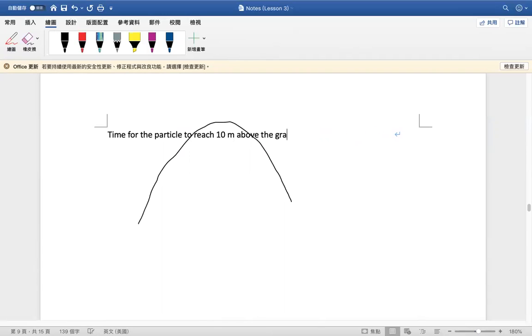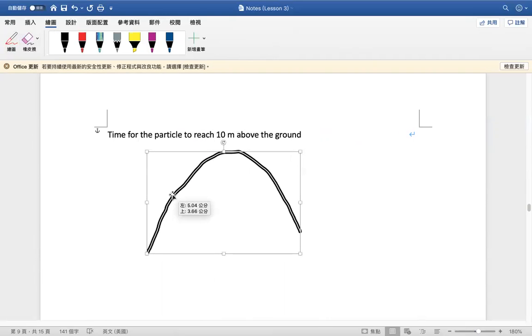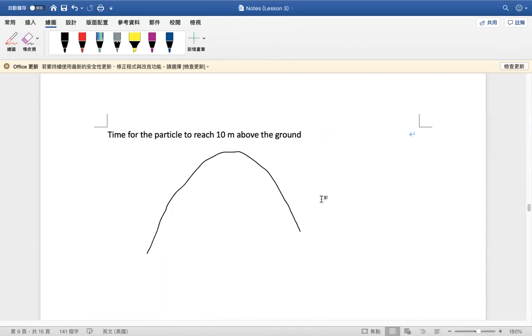Well, for this situation, it's reasonable to get two answers, right? But in this situation, you know it's the first one that you reach first. So it depends on the situation.